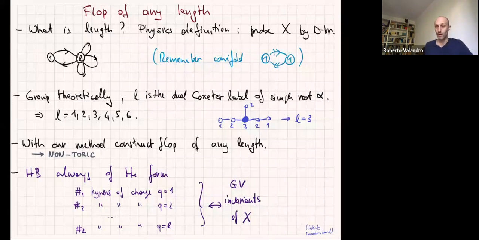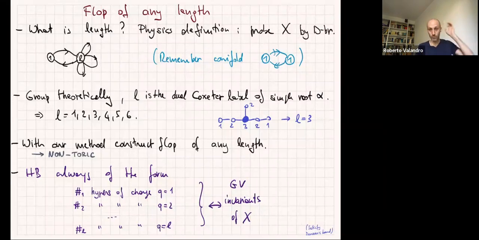In spite of this, we were able to construct the Higgs branch and compute the Gopakumar-Vafa invariants through the Fromm method. For all these cases, what you get for the Higgs branches are basically a bunch of hypers charged under the U1: a number of hypers of charge 1, a number of hypers of charge 2, and so on. So all the charges are occupied. For all of these, we computed the GV invariants.